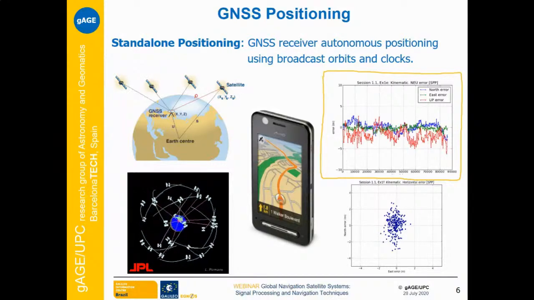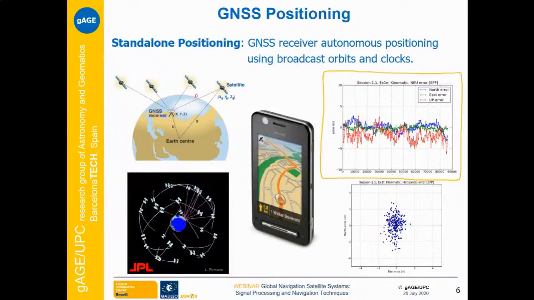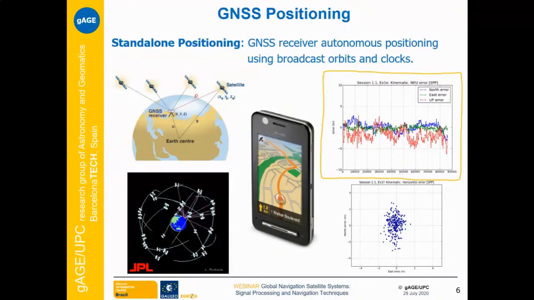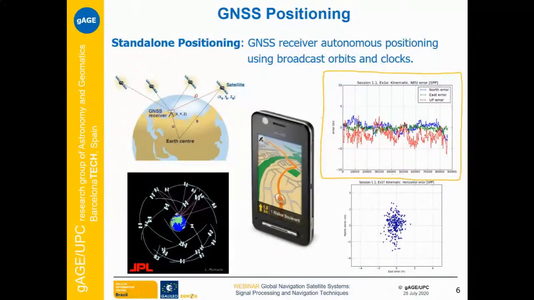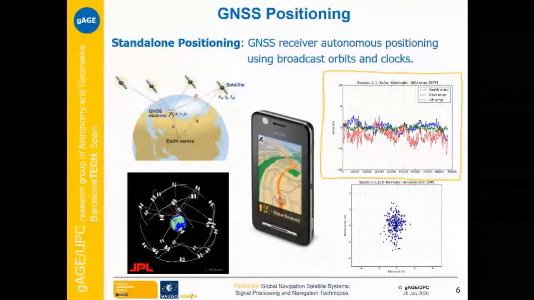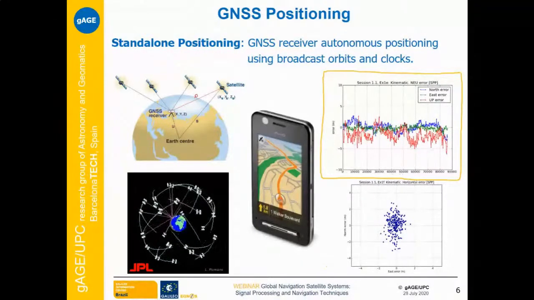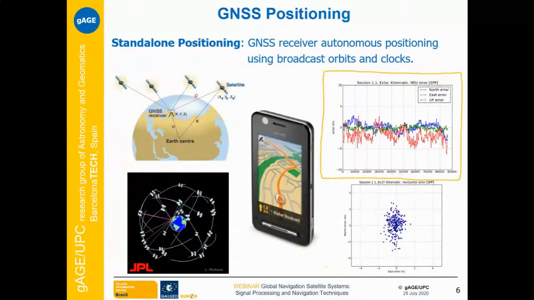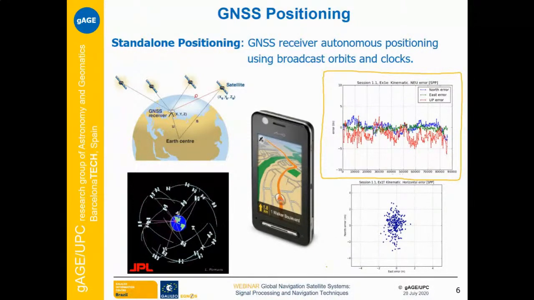We have different components: the north error component, the east error component, and the up error component, but you can see that they are in the range of a few meters. If we look only at the horizontal plane, this is what we have in the bottom right plot, and we can see the dispersion of the points around the 0, 0, the truth.